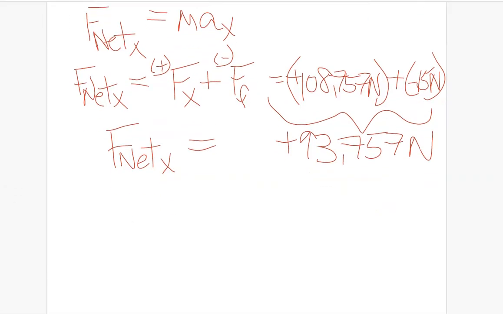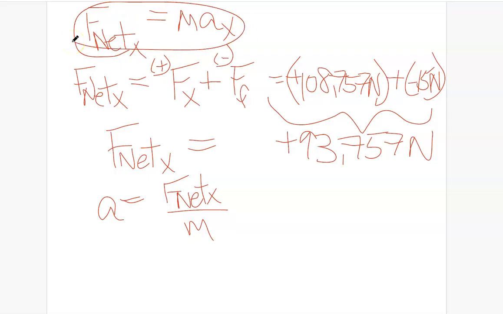So now, to get our acceleration, it's just the net force divided by the mass, and that comes directly from this equation, just rearranging it. You can either use this equation directly and solve for the acceleration, or use the version of it that solves for acceleration directly.